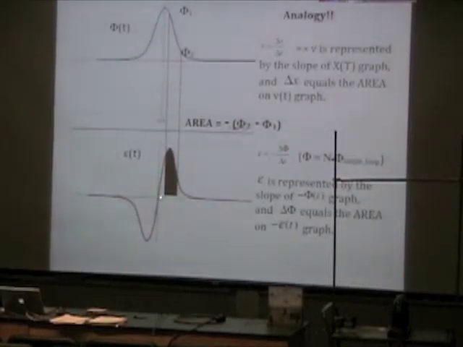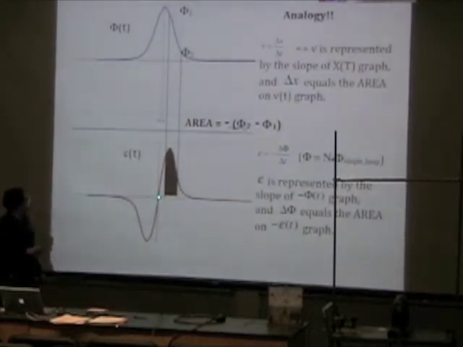So since induced EMF equals -1 times the slope of this graph, we can read it backwards. We can say that the area of the graph for the EMF is supposed to be equal to, because of this minus, the change in the flux. Sometimes you can use these to compare two areas, the area on the right and the area on the left.